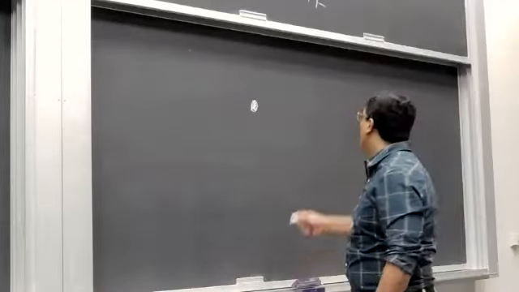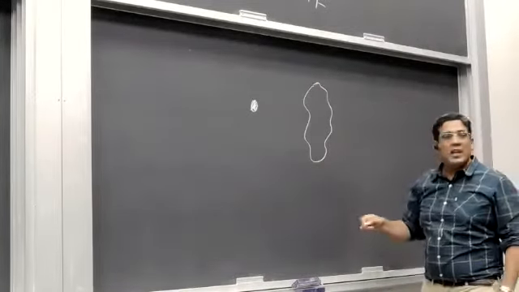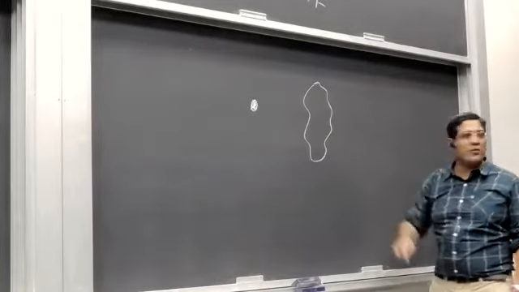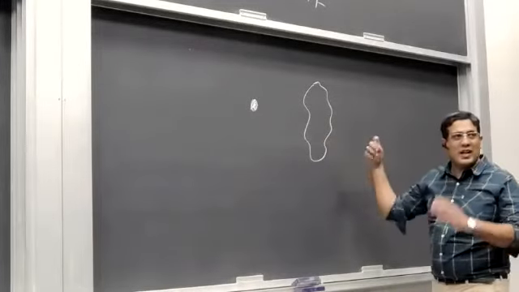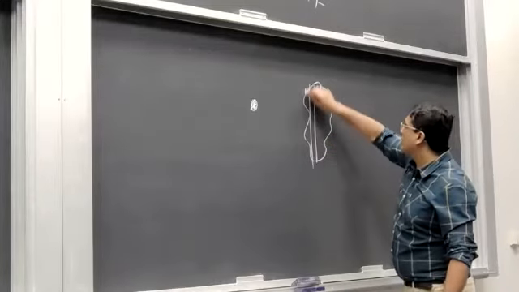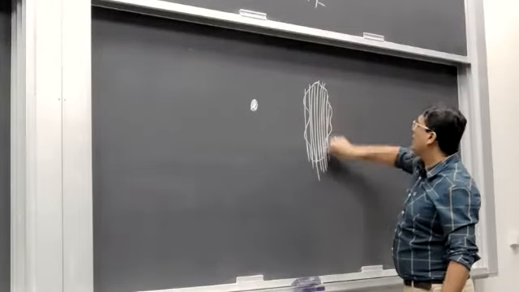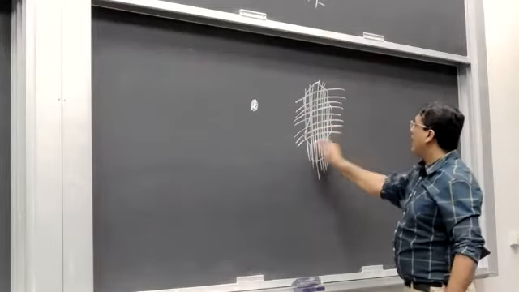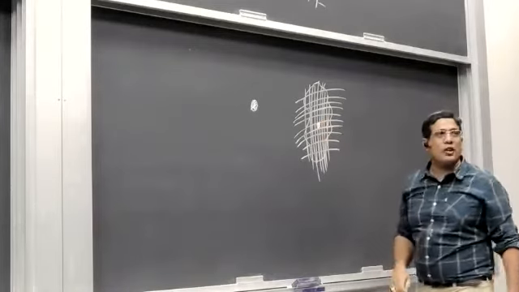A more realistic situation is when we consider full objects and look at their motion, but then this becomes very complicated to deal with. So what we can do is take a finite sized object, a realistic object, and divide it into small parts, and take each small part as a point.